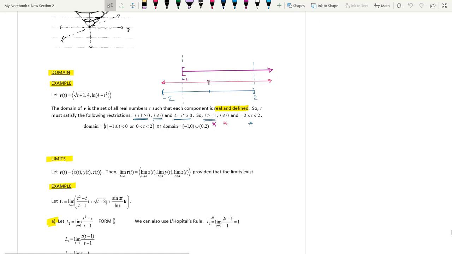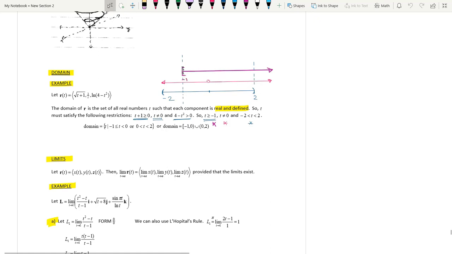except 0. And the third one would be valid if 4 minus t square is more than 0. That means t is between negative 2 and positive 2. So if you solve this, it would be between negative 2 and positive 2. Now, which region overlaps?